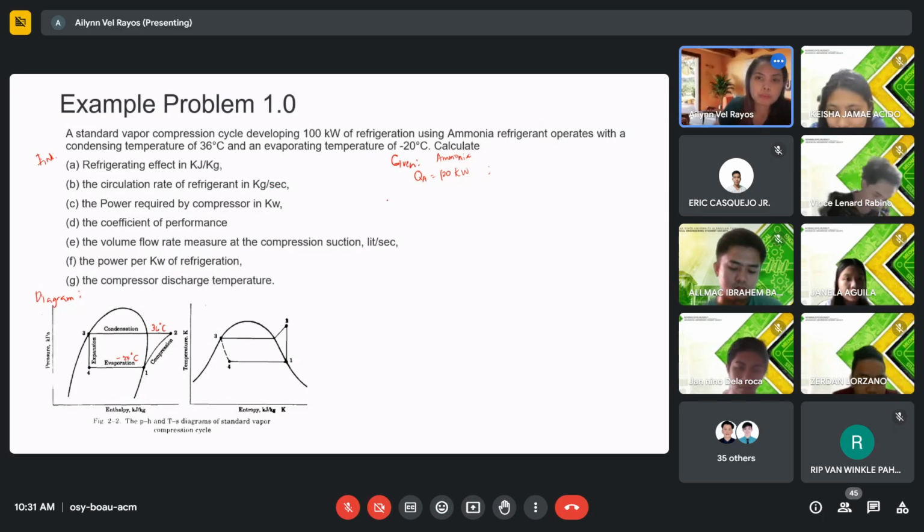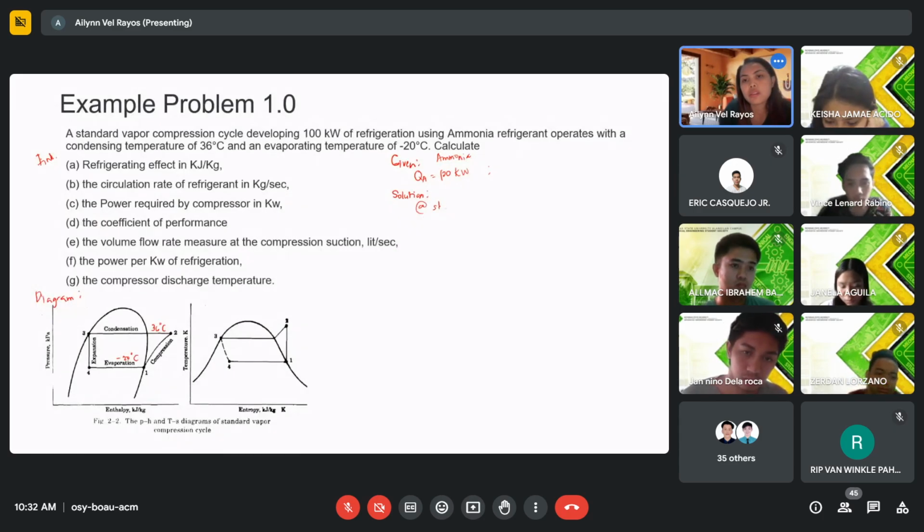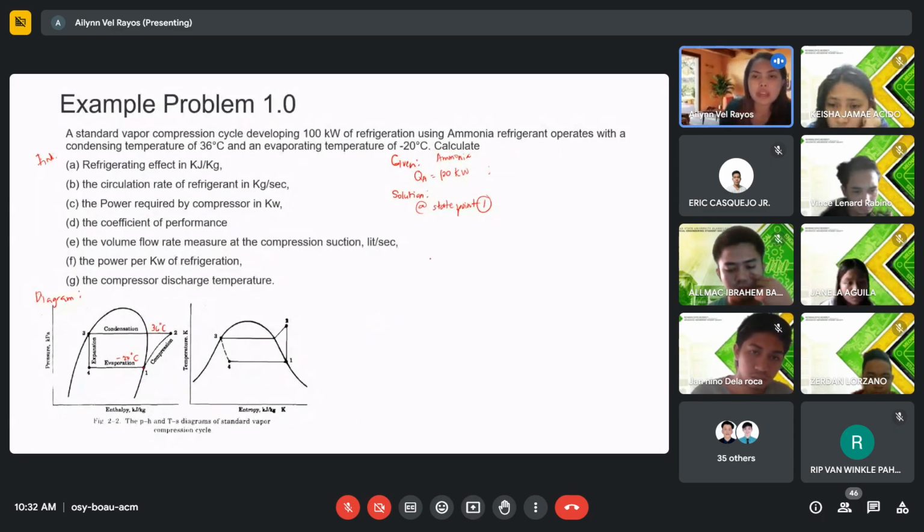For our solution, first get the enthalpy and the needed values at each state point. State point 1 is what enters our compressor. Make sure you have a PH diagram or PS diagram so you know whether it is vapor or liquid. In this case, we have vapor leaving the evaporator.